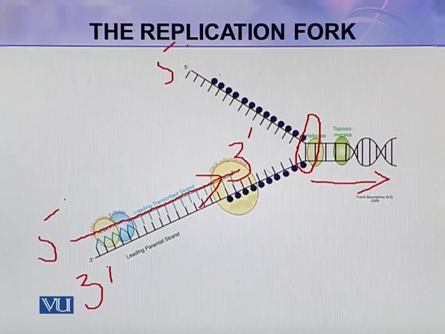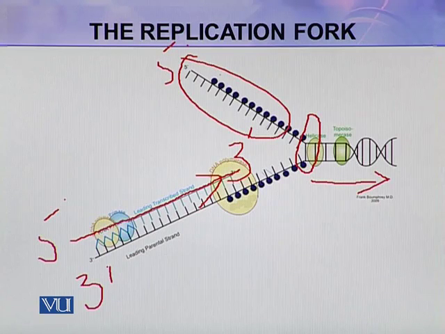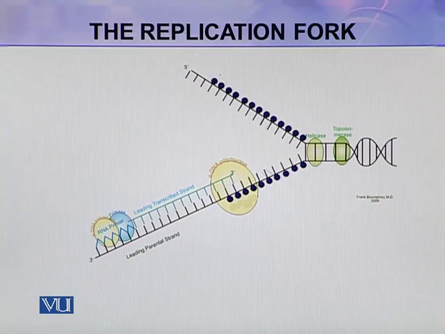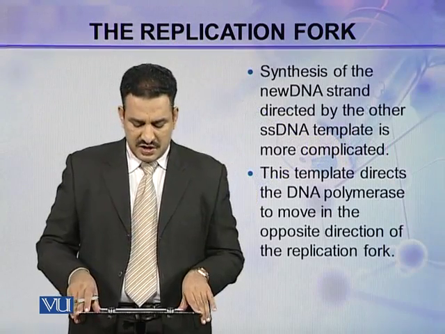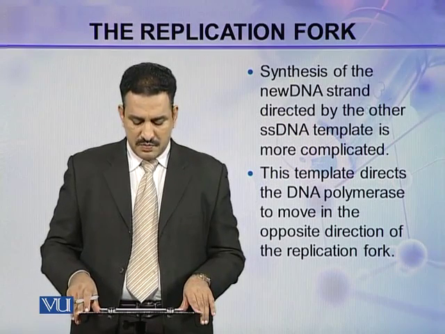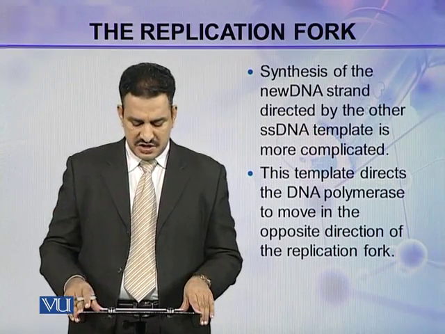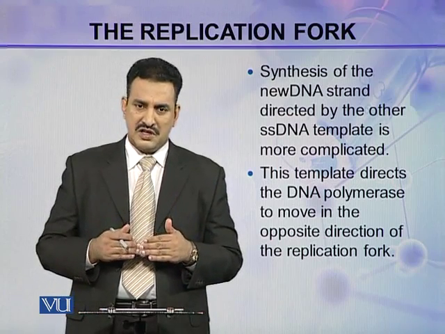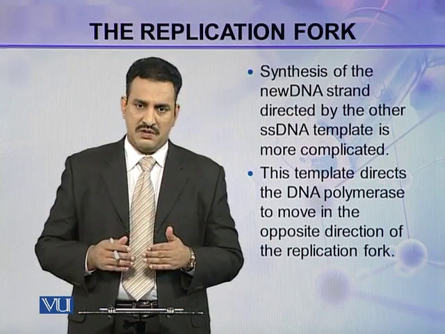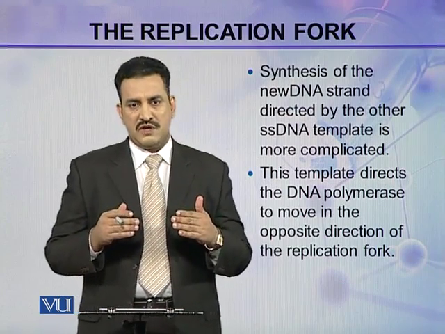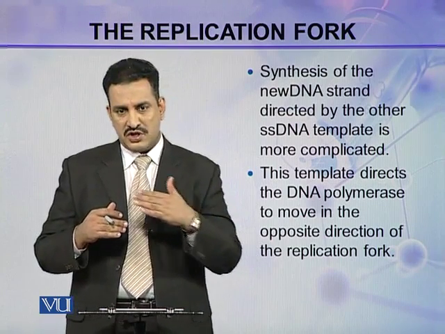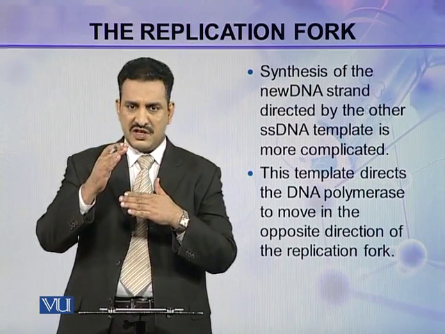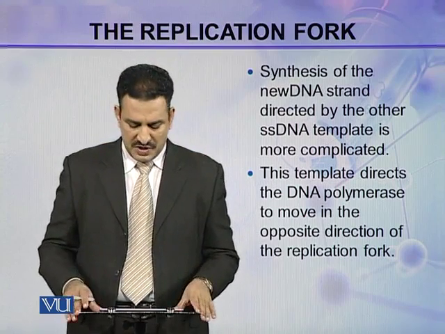But here on the other strand, this synthesis is not possible due to the reverse direction of the strand or template. Synthesis of a new DNA strand directed by the other single-stranded template is more complicated. In the previous diagram you have seen that the synthesis is continuous, while on the other strand the synthesis is very complicated.